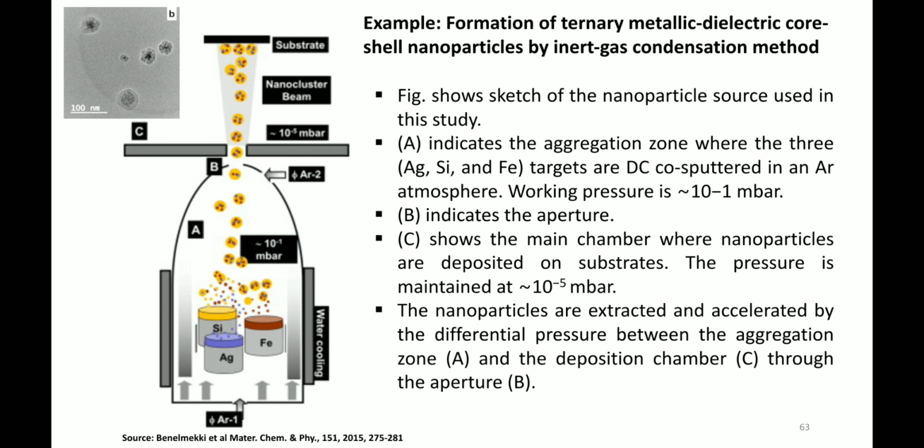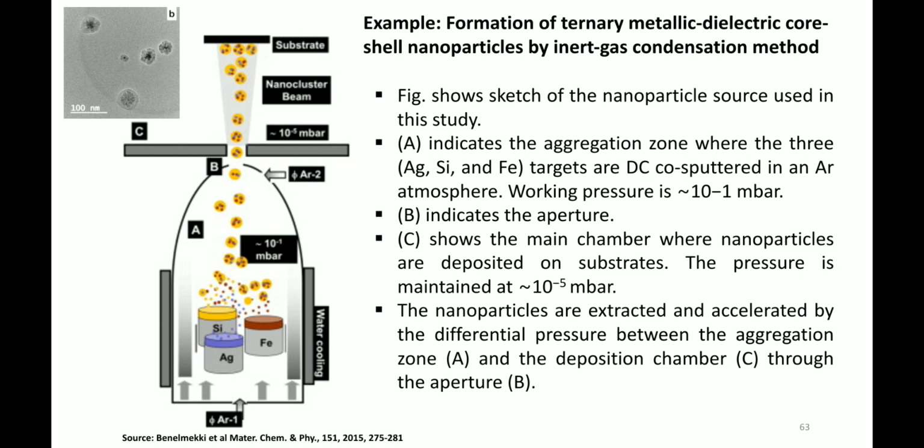The working pressure is 10⁻¹ millibar. Okay, so this is the pressure inside this chamber A. B indicates the aperture, as I said, and C indicates the main chamber where nanoparticles are deposited on the substrate. The pressure maintained for chamber C is 10⁻⁵ millibar.